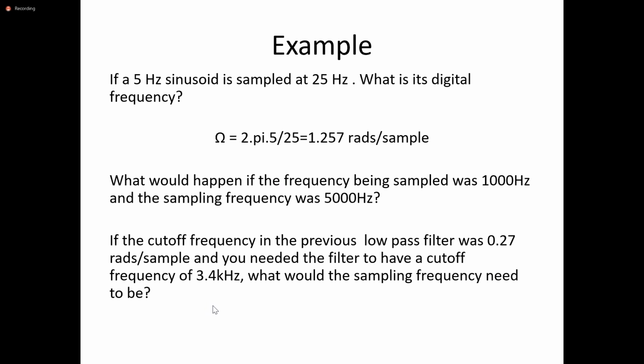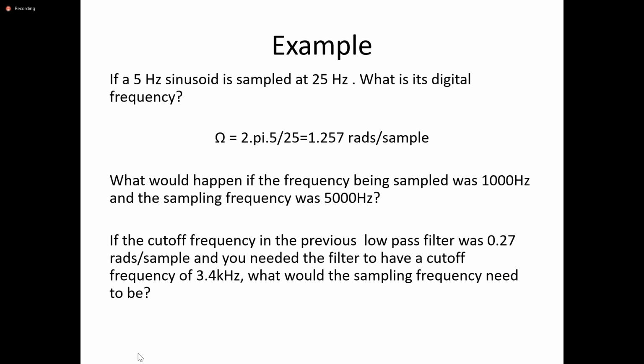If the cutoff frequency in the previous low-pass filter was 0.27 radians per sample, and you needed a filter to have a cutoff frequency of 3.4 kilohertz, can you work out what the sampling frequency needs to be?